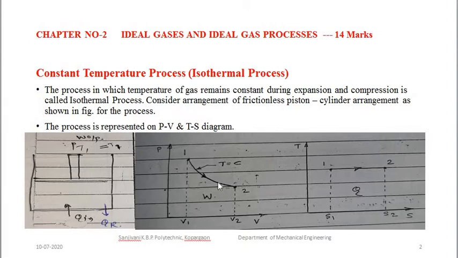Now when the process is carried out, when the heat is added, we see that the process curve moves along the constant temperature line. Here the volume is increasing, but pressure is decreasing because of the increase in volume. But this process moves along the constant temperature line. So temperature T1 is equal to temperature T2. So this is the final state point 2 of the isothermal process.